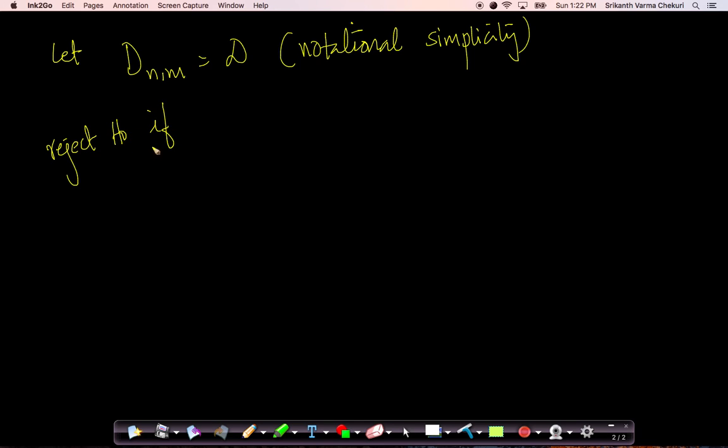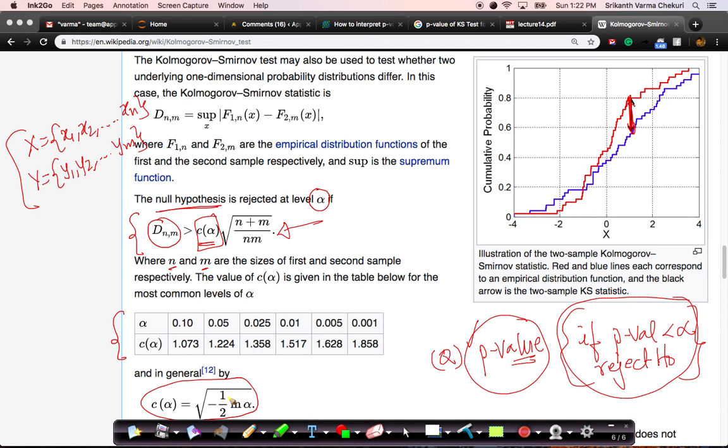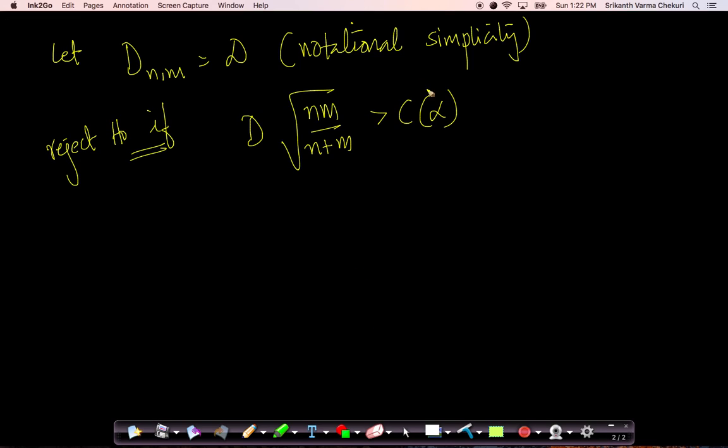I reject if D multiplied by the square root of nm by (n plus m) is greater than C alpha. But we also see that C alpha has an equivalent formulation: C alpha is equal to the square root of minus half natural logarithm of alpha.